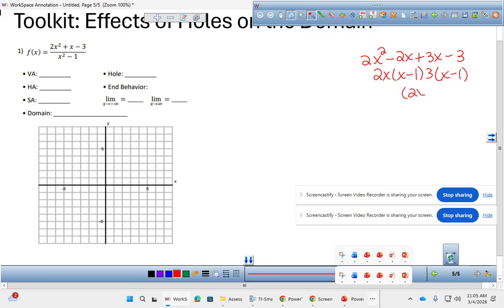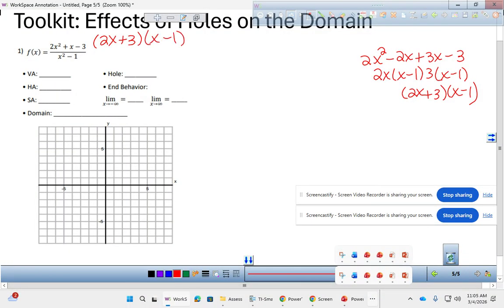You might factor using guess and check. That works pretty good for this one too. But again, we're still just factoring. This is factor by grouping. So my numerator is 2x plus 3, x minus 1. My denominator is x plus 1, x minus 1.